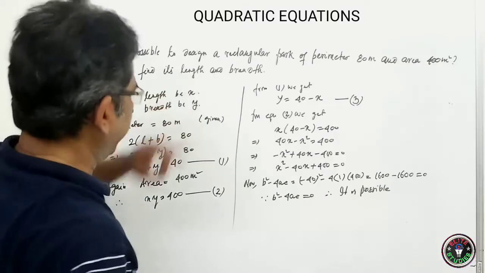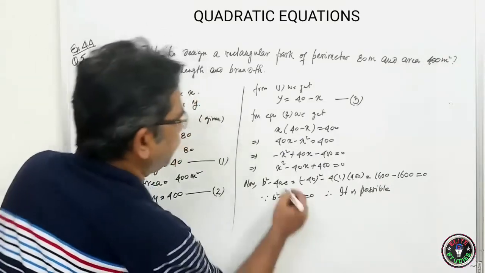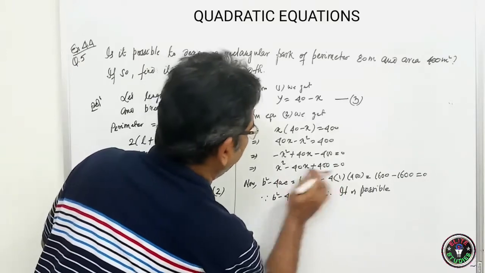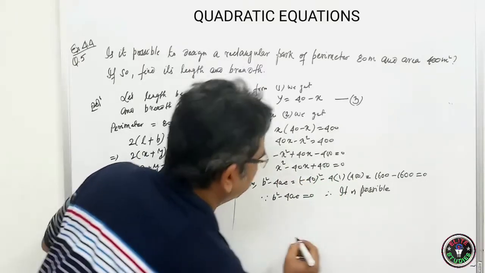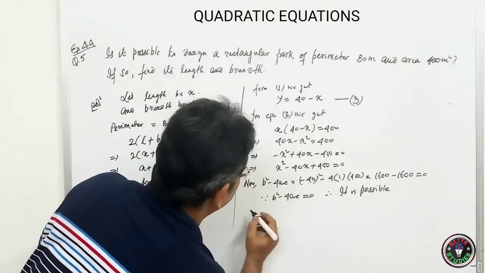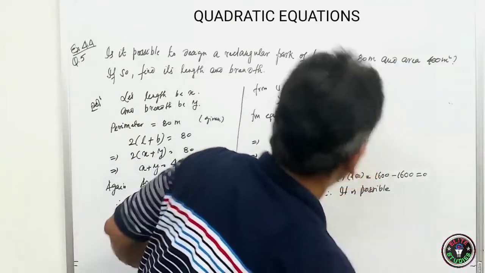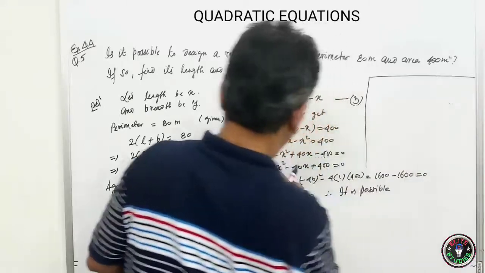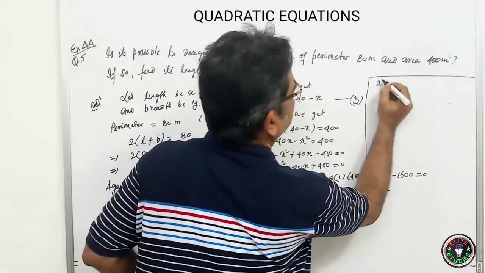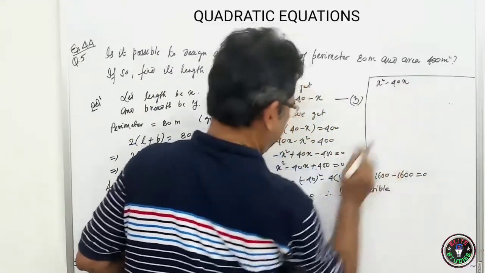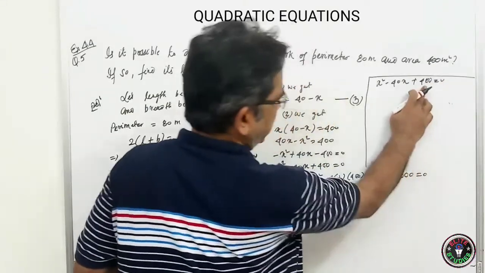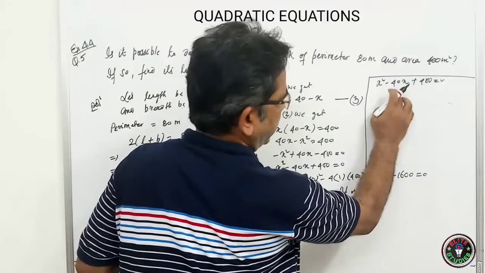So it's possible, then find its breadth. So now to find the breadth you have to solve for x and y. So what will be x? Let us factorize. X square minus 40x plus 400 is equal to 0. You can easily see 20, 20 is 400 and 20 plus 20 you can see 40x.